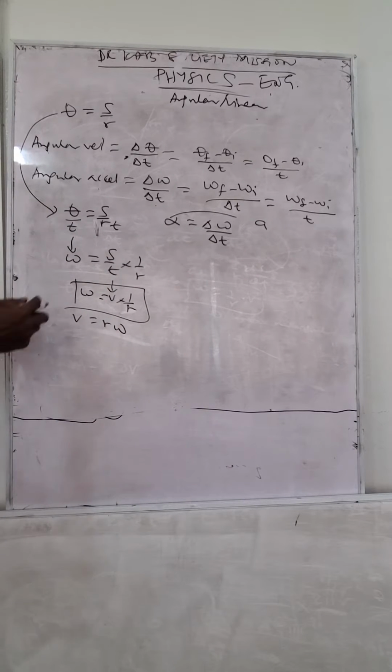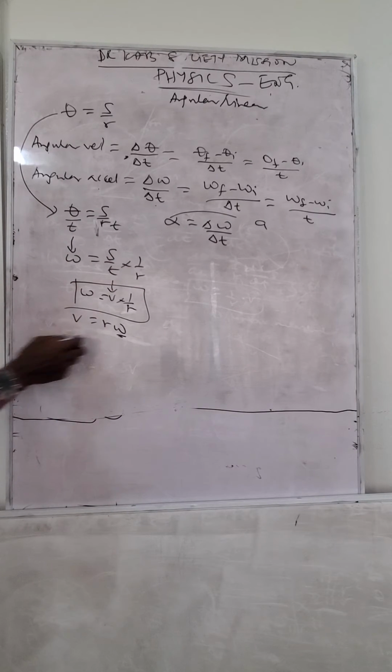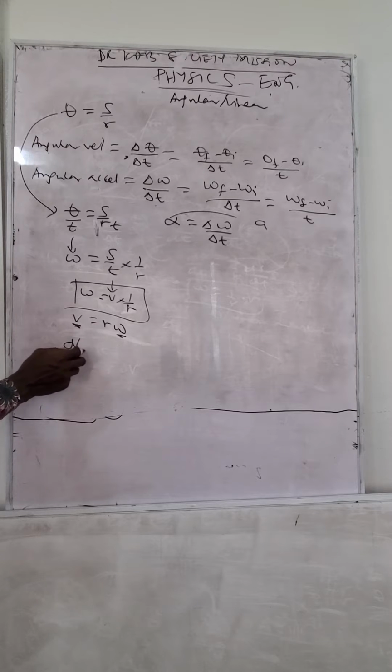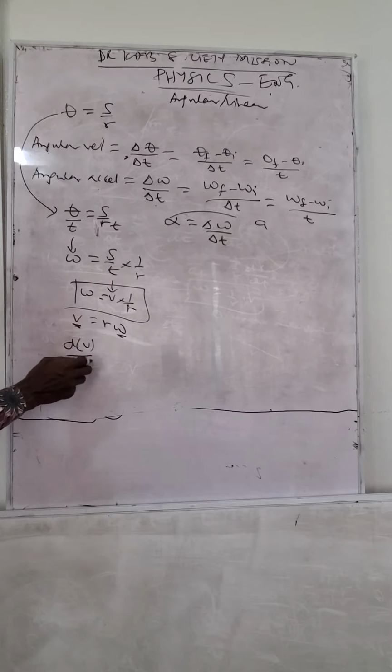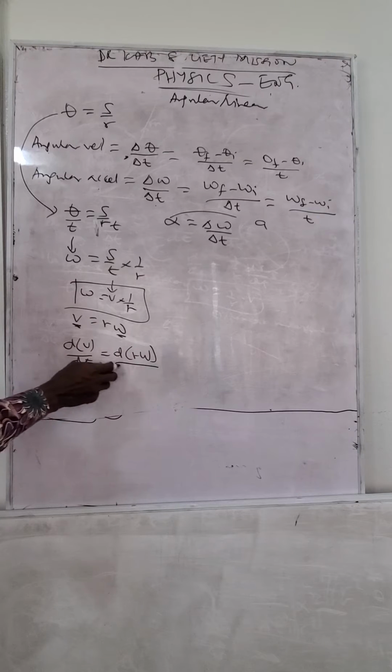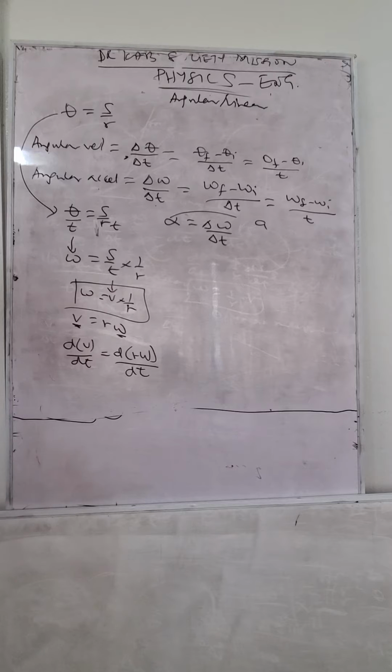So first we have angular velocity here, and then we have linear velocity here. If we differentiate this one with respect to t, and do the same thing for this, so we are differentiating this side with respect to t, differentiating this side also with respect to t. Right, let's see what happens.